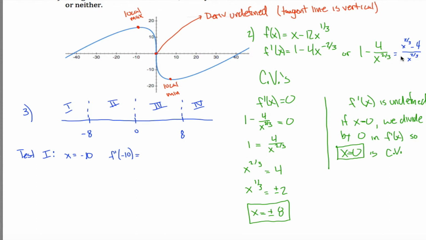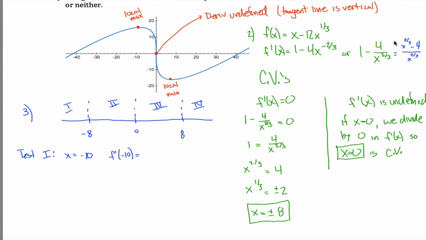And the reason you might want to write it like this is if you throw in a negative 10, negative 10 squared is 100, and the cubed root of 100 is some number that is more than 4, because 4 cubed is 64. So you need more than 4 cubed to get up to 100.